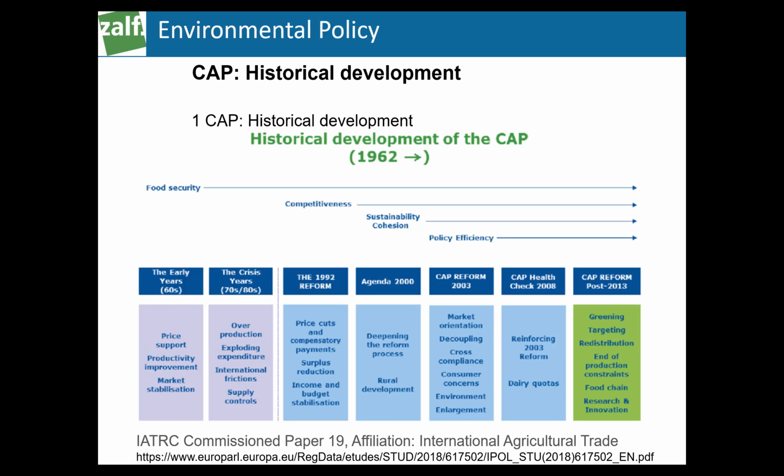And then also health checks, but the dairy quota, that means the milk quota, was abolished as a big step, and the sugar quota was abolished, and environmental protection came more and more into the game. A shift from production-related subsidies towards environmentally motivated premiums or subsidies was made. And this is what's going on now in 2013.